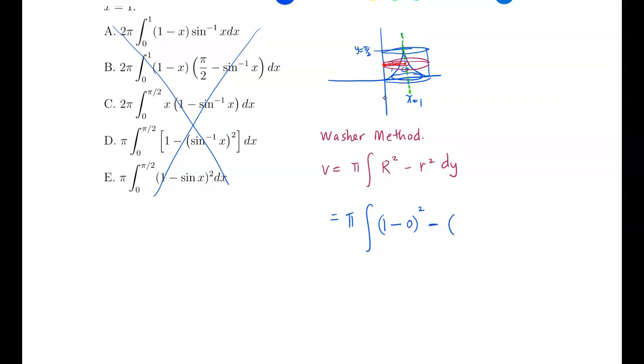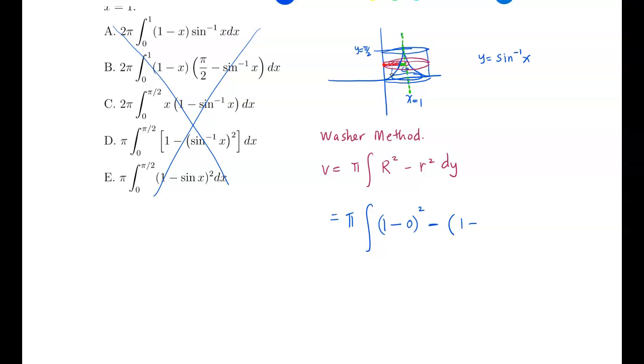Minus the other one. The other one will be here, the inner one. So it would still be right minus left. The right is the line x equals 1, so 1 minus this curve here, which is the function y equals sine inverse of x.